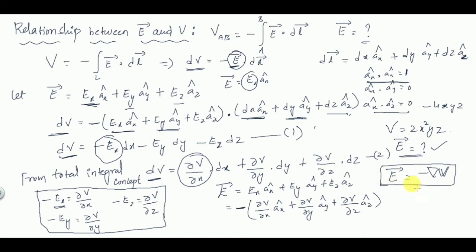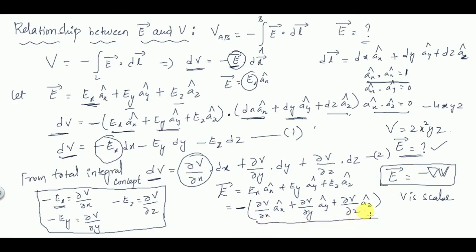The formula for del V I have already told you, where V is a scalar. We always know that potential is a scalar quantity. When the input is a scalar quantity, the output in the gradient expression will be a vector quantity.